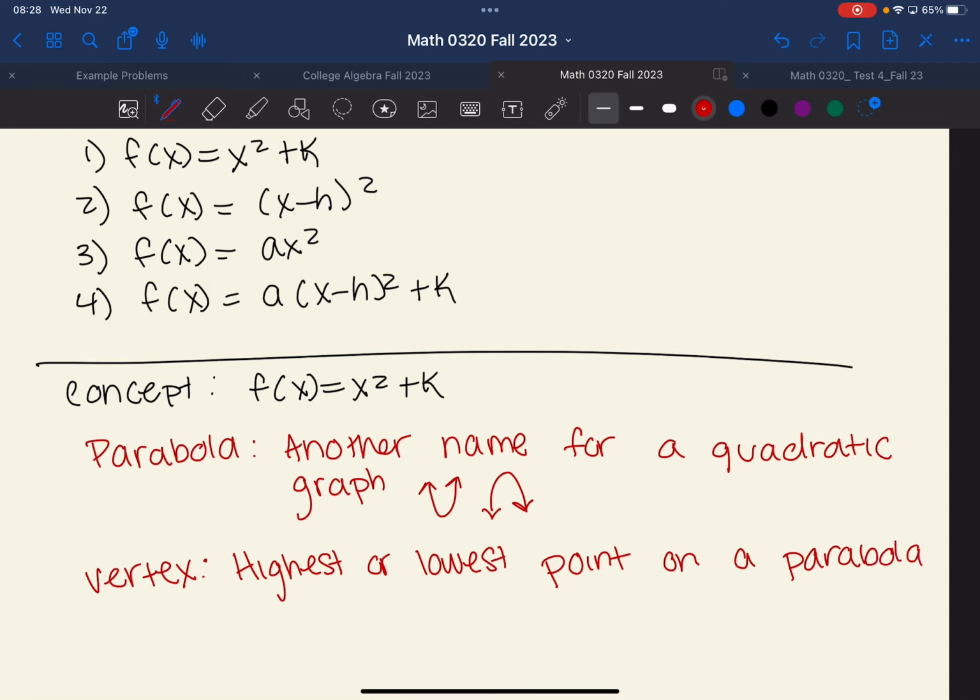So for example, if we had our parabola facing up, our vertex would be that lowest point at the bottom. If we have our parabola facing down, that means we have a vertex at the highest point at the top. So it's where these parabolas start to curve back around is where your vertex is.